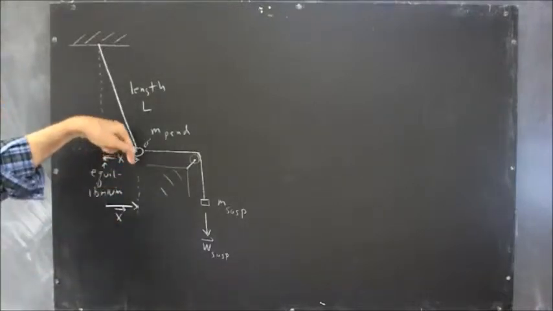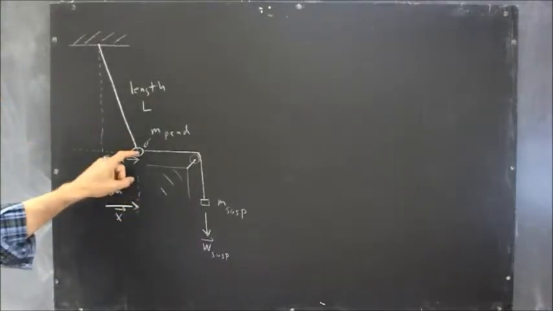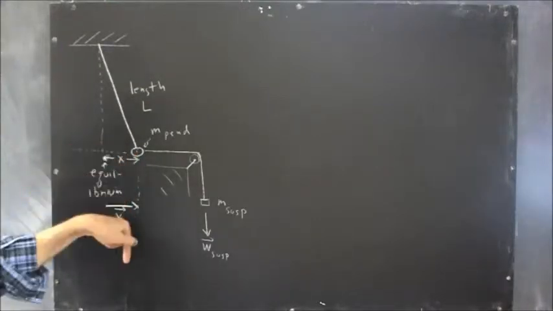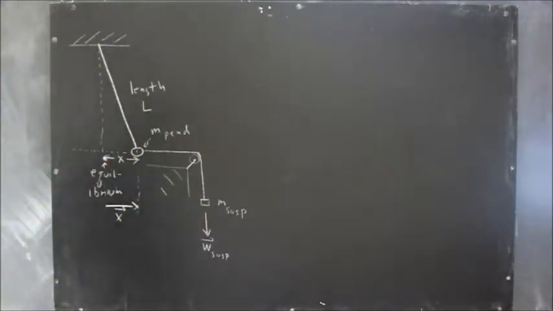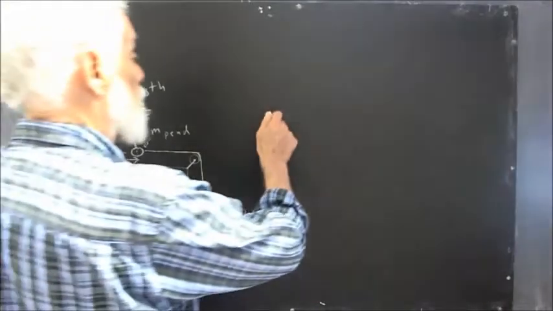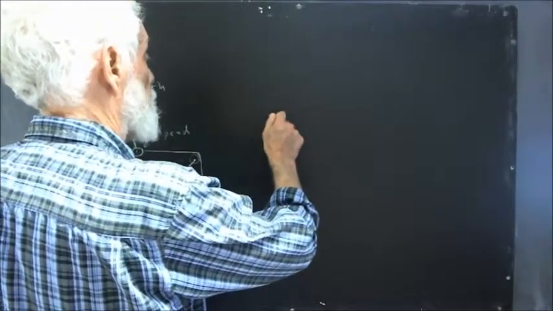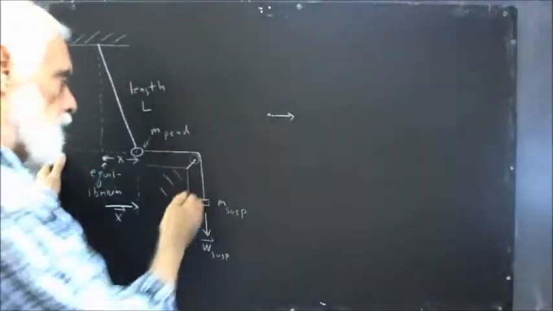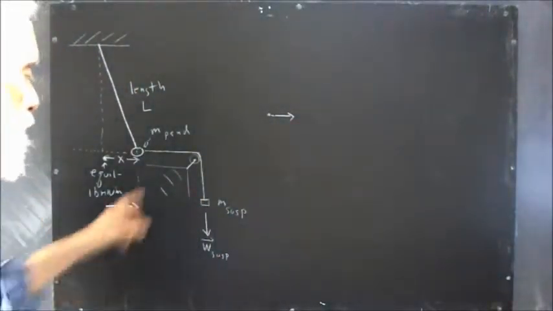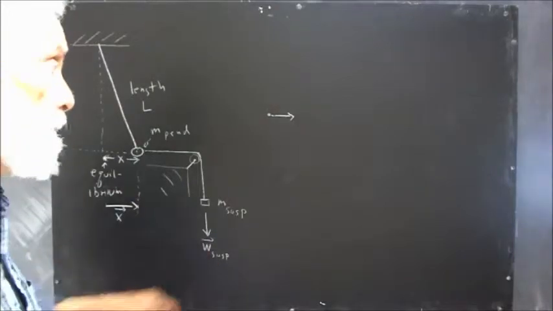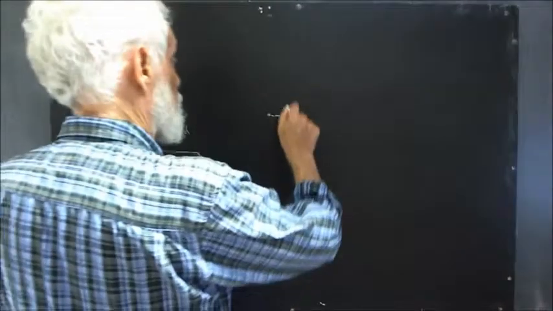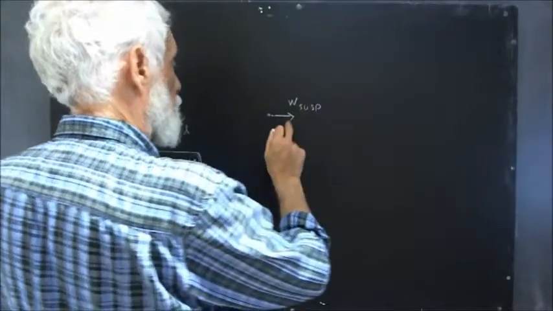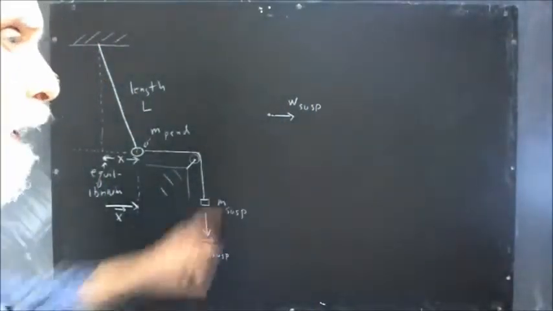And we also have gravity pulling down on the pendulum mass, so there's the weight of the pendulum pulling straight down. So we sketch the free body diagram. We have the tension in the string, which is pretty close to being equal to the suspended weight, so I'll label that vector weight suspended.